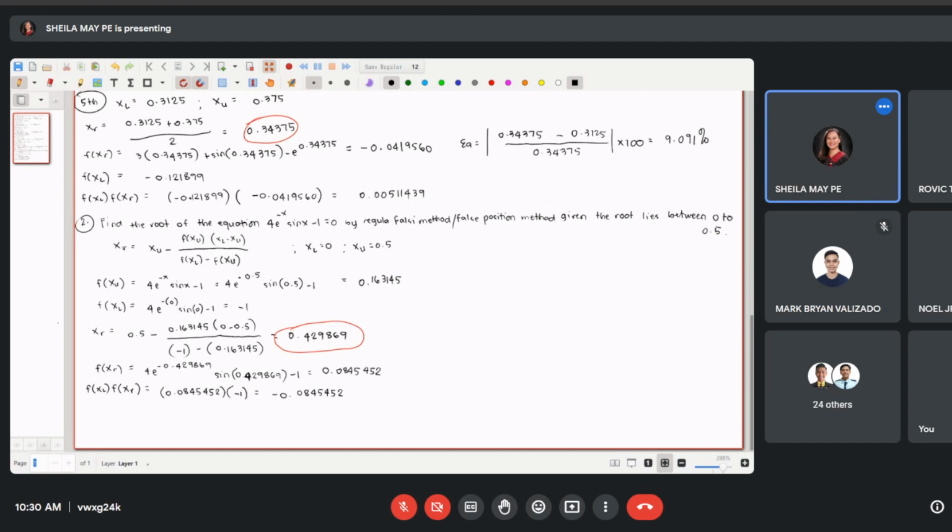Okay, so that's FXL, FXR evaluation, and this is less than 0. So we must set x sub u equals to x sub r. So that would be at 0.42869.